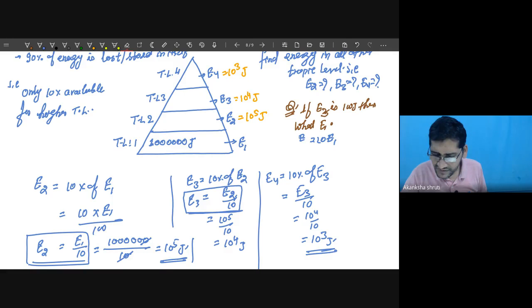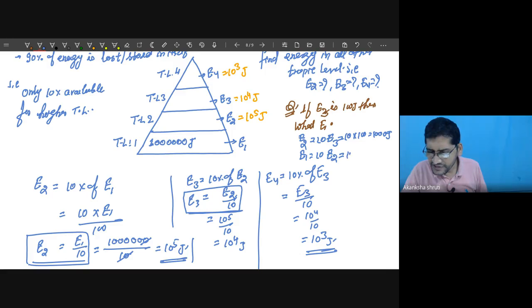If we want to calculate E2, it will be 10 times of E3. Therefore, 10 into 100 is equal to 1000 joule. And E1 is 10 times of E2, because E2 is E1 by 10.